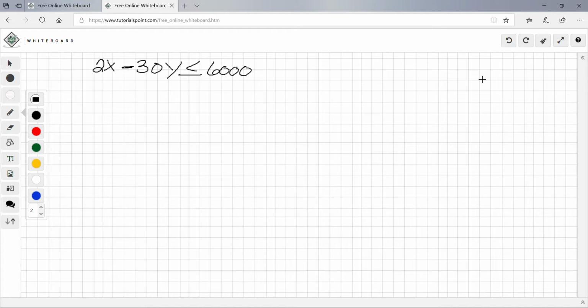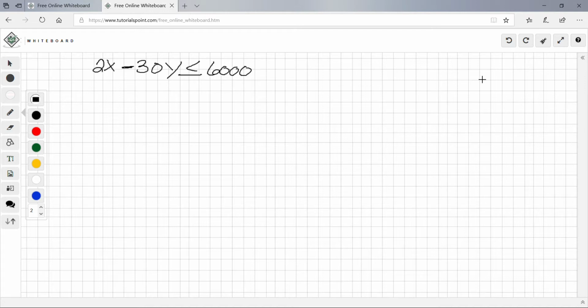Remember, back when I was graphing linear equations, I would solve for y and find the y-intercept and the slope. In this case, I'm not going to do this. I'm going to do something a little different. I will find the x-intercept, then find the y-intercept, then graph it, and then shade the correct region.